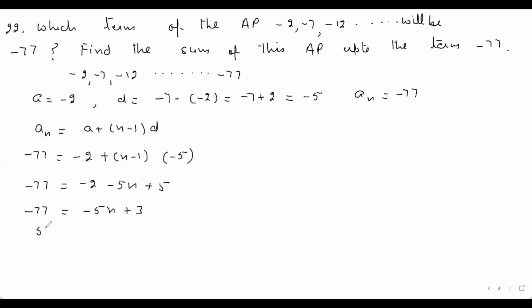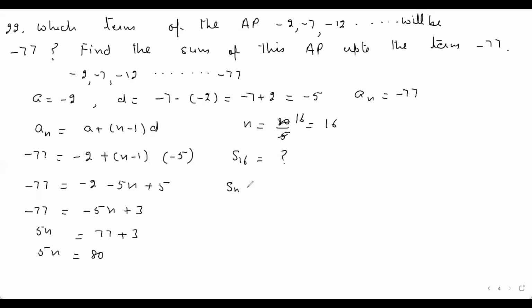So 5n is equal to 77 plus 3. 5n is equal to 80. So n is equal to 80 by 5, that is 16. So the value of n is equal to 16. So I am to find here the sum of 16 terms. So I am to find S16.